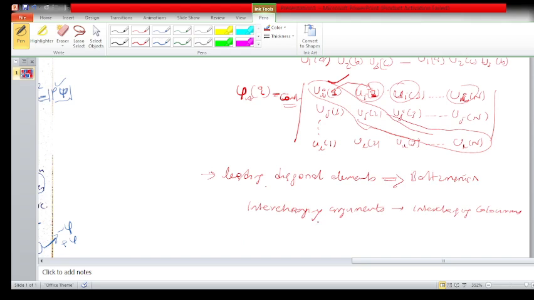If two or more particles are in the same single particle state, then the corresponding rows become equal. What is this row? This I stands for the same row. So the first row in this case is represented by i, and the second row is represented by j.